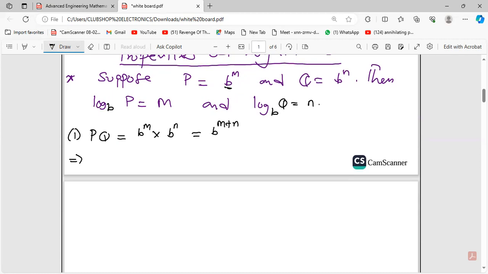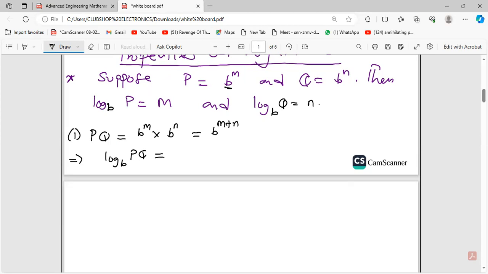If I introduce logs with our base, we express this in terms of log. So we have log B of PQ.